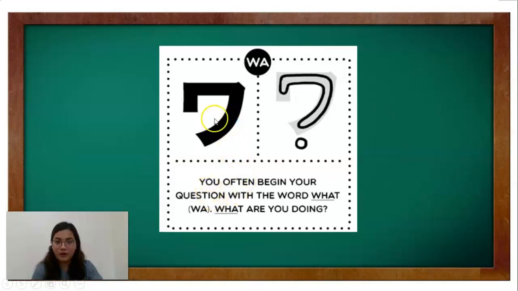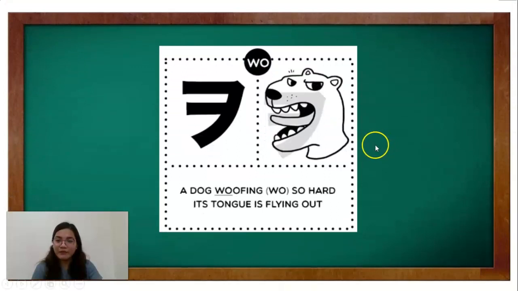Okay, wa. You often begin your question with the word what. So wa as in what. Next, wo. A dog woofing so hard, its tongue is flying out. So wo as in woofing.